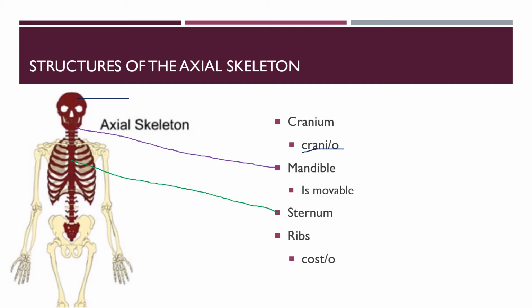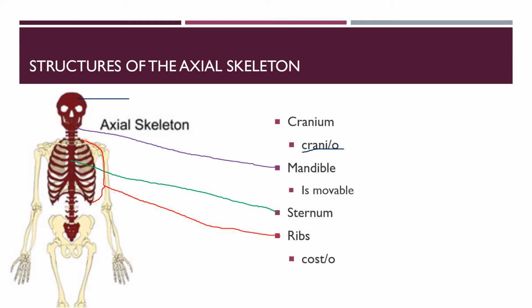And then the next ones I want you to be familiar with, which you probably already are, but we're still going to review, are the ribs. Your ribs form that cage that protects the heart and the lungs and those internal organs, and your kidneys in the back.